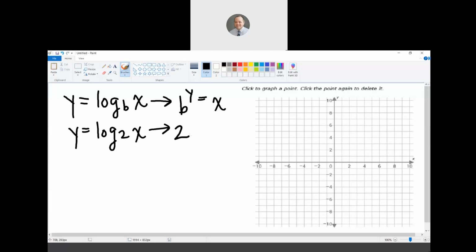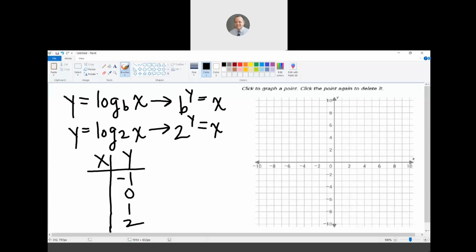So our base is 2, our exponent's y, and that's equal to our function x. Now this time around, when we draw our xy table, we need to pick values for y. So I'll just do -1, 0, let's say 1 and 2.